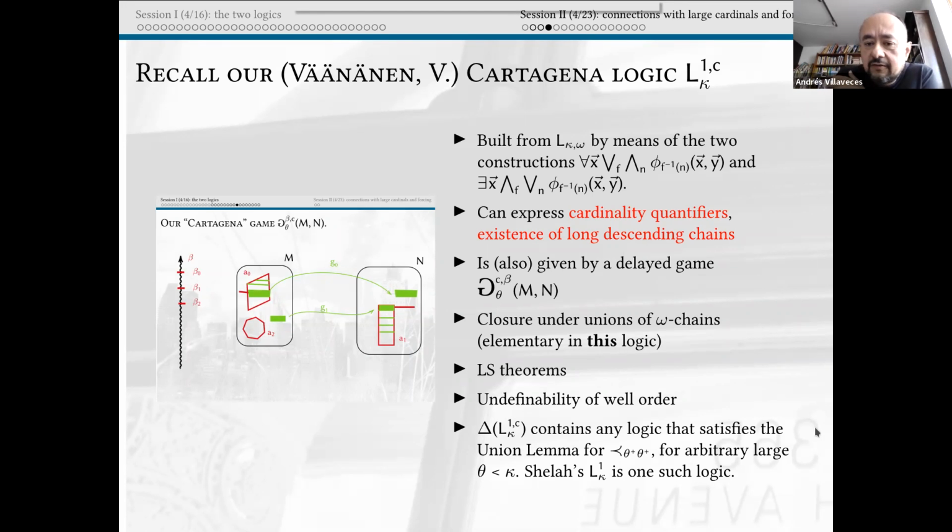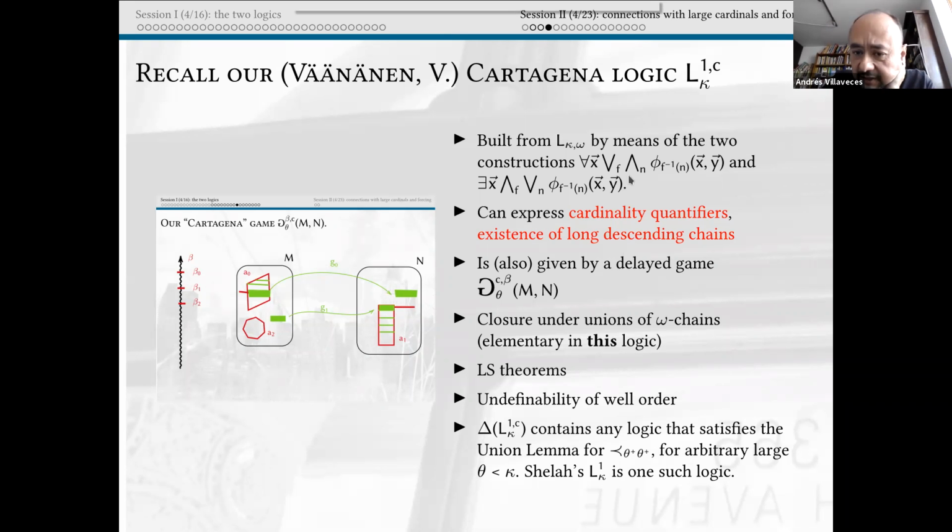The conjunction in the first one is an omega conjunction, and then some formulas, and the dual construct. And you close it under these operations plus the usual operations. So by the syntactic description, this is clearly a fragment of L kappa kappa, and it is built on L kappa omega, so it is also in that same region. But of course, it could be totally different from the other logic.